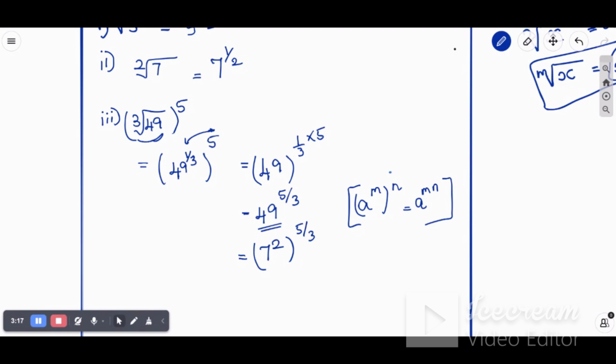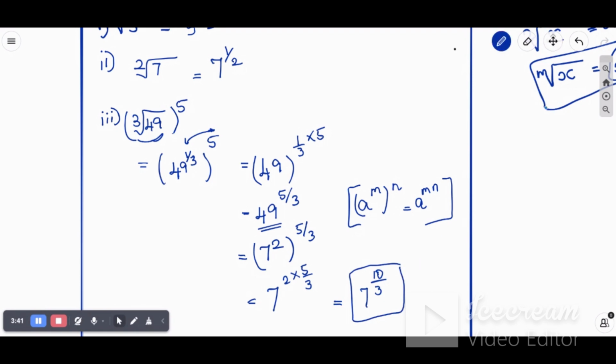This is again in the format of m and n, so write it properly: 2 into 5 by 3. What is 2 times 5? It is nothing but 10. So 7 to the power 10 by 3. This is your answer with the fractional index for this question.